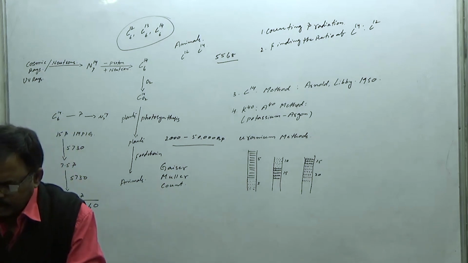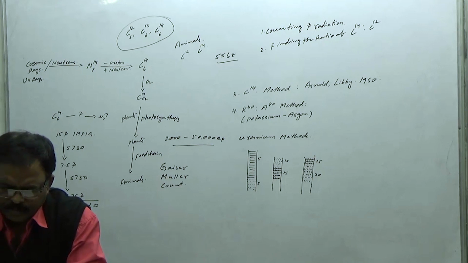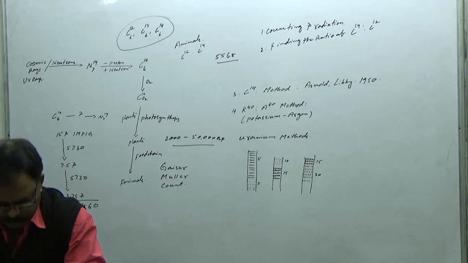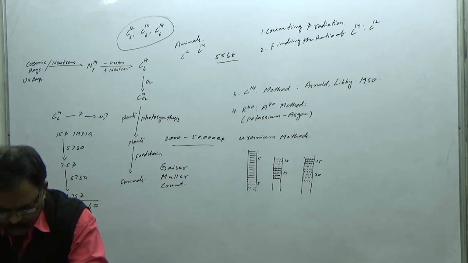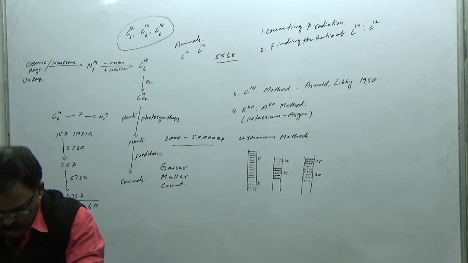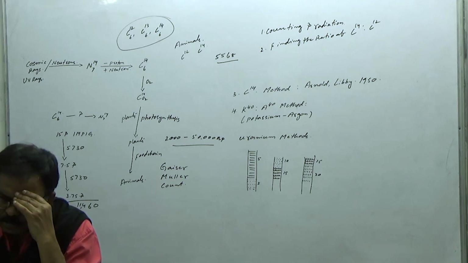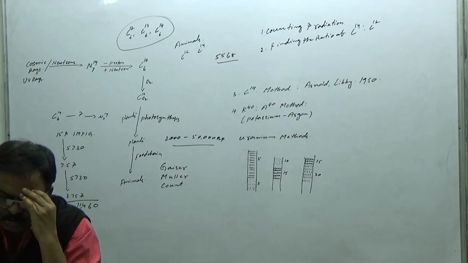Next paragraph. The carbon dating method has some limitations. First one, the C14 percentage may not be constant in the atmosphere.